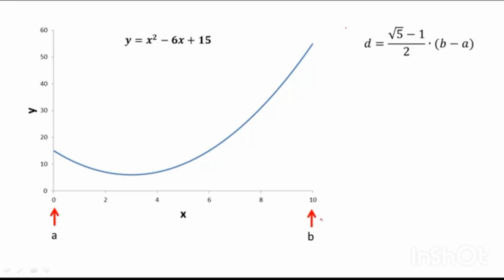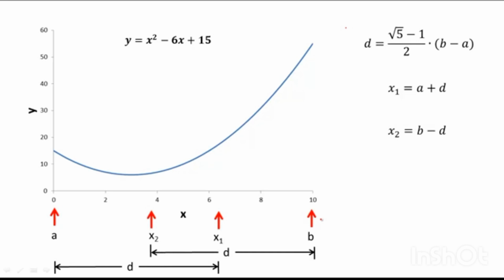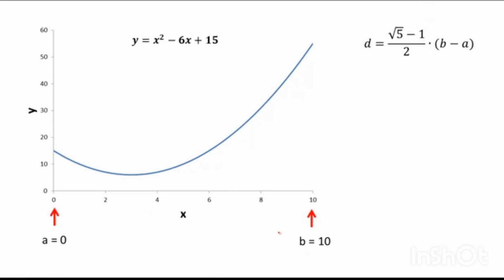Again, the first step, after you know b and a, is to calculate d, which is just the golden ratio times b minus a. So x1 is given by a plus d, and x2 is b minus d.